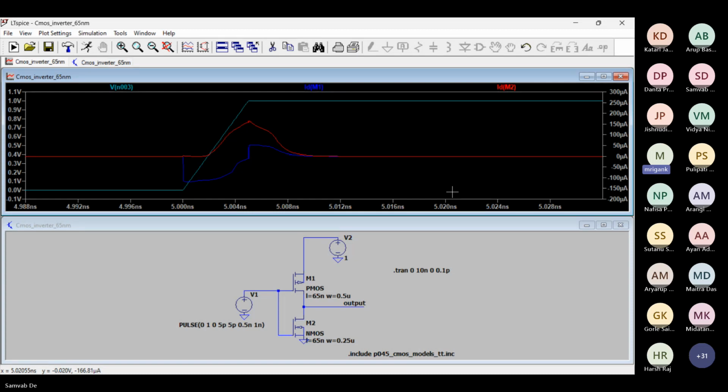So that may be because of the gate to source coupling. There is an input voltage coming at the gate and it is sharply rising from 0 to VDD. There is a CGS, the gate to source capacitance, which will lead to charge injection, or basically current coupling from the gate to source.